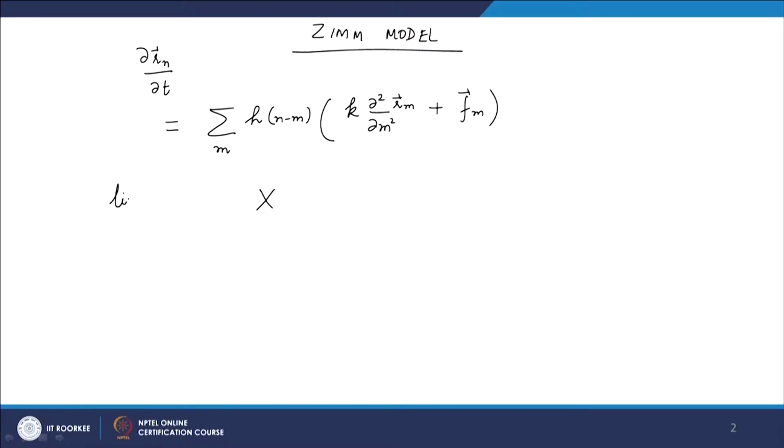Now, just like what we did in the case of Rouse model, we wrote the equation in terms of the equations for the Rouse modes. So, I will use a similar linear transformation, actually the same linear transformation, because the boundary conditions remain the same. Of course, since the PDE is different, the final answers will be different.